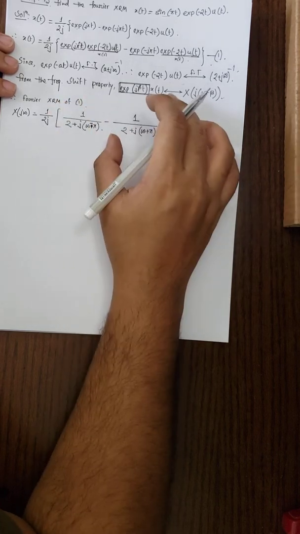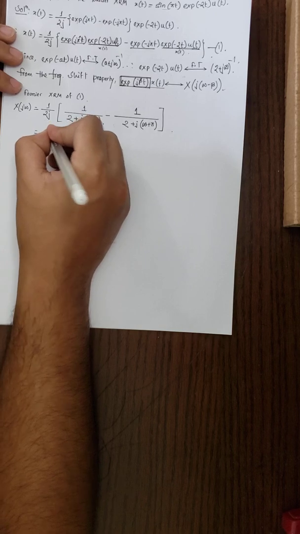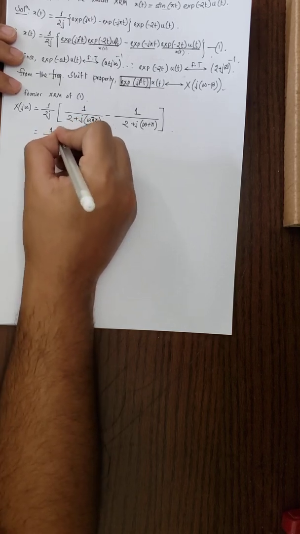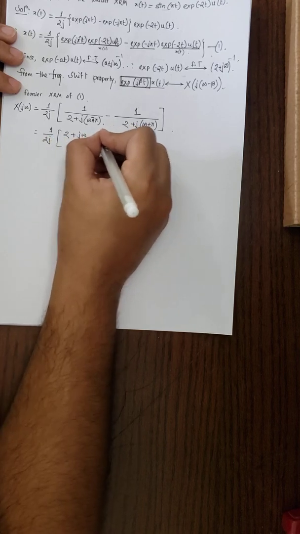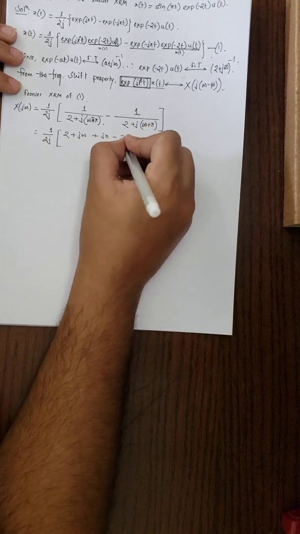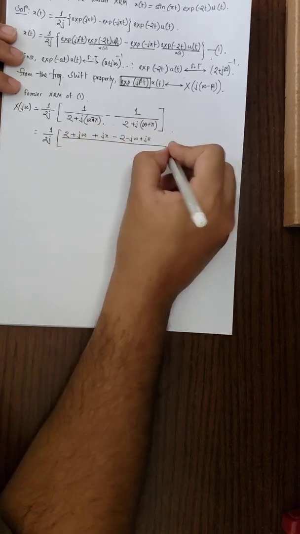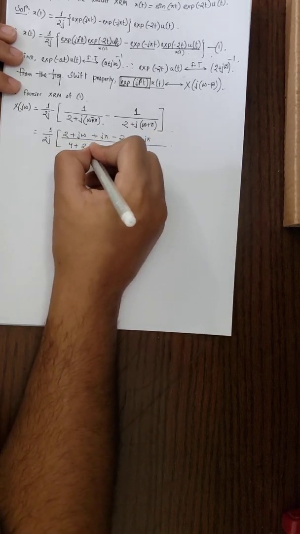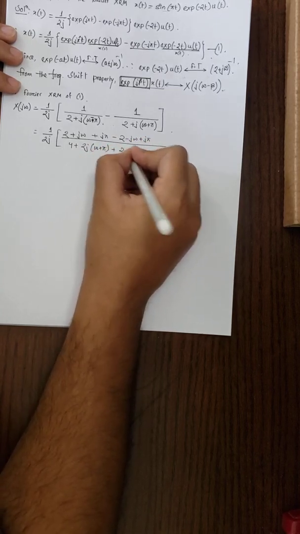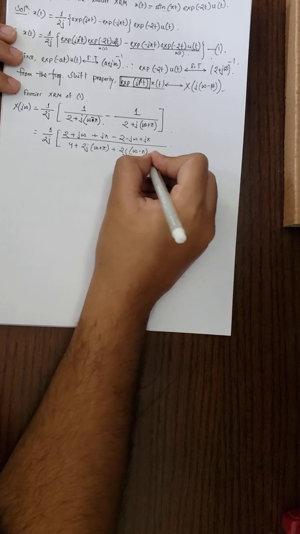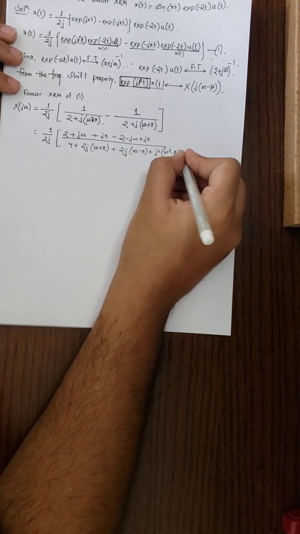Now you can leave the result up to this point, but I will try to simplify it a bit further. 1 over twice j, 2 plus j omega plus j pi, plus 2j omega plus pi, 2j omega minus pi, plus j squared omega squared minus pi squared.